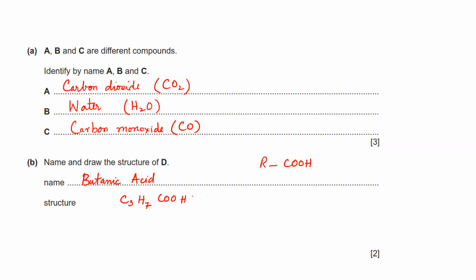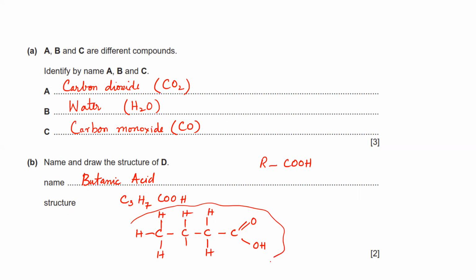This will be the butanoic acid, and these all are H. So this is our desired structural formula of butanoic acid.